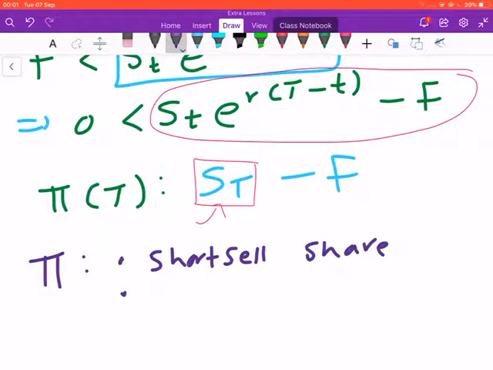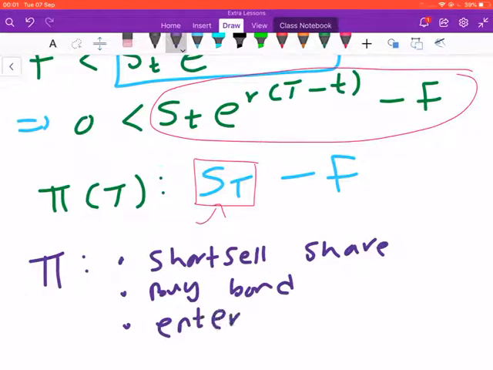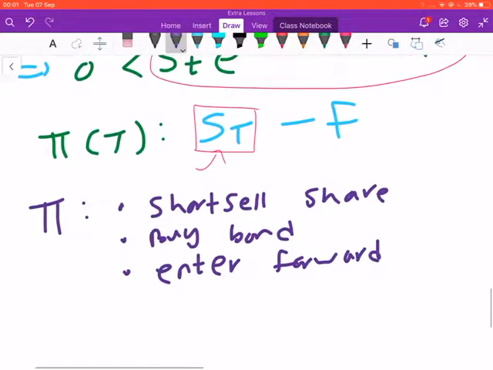And you're going to take that money to buy a bond, right? Again, it means that you would have entered a forward contract. So this should be your portfolio.